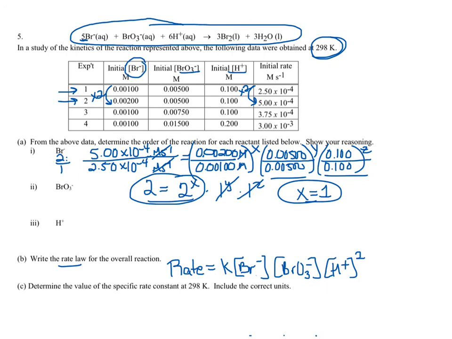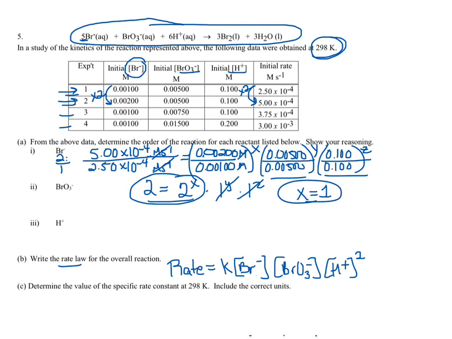Then once you solve for the rate law, a lot of times they'll ask you to solve for the rate constant. Now that you have the rate law, you can pick any trial you want, trial 1, trial 2, trial 3, trial 4, and plug all of that data into your rate law and solve for K. The thing to be aware of is that when you solve for K, you also need to solve for units.